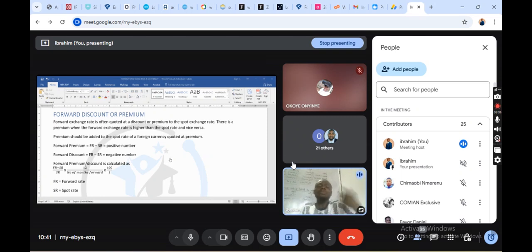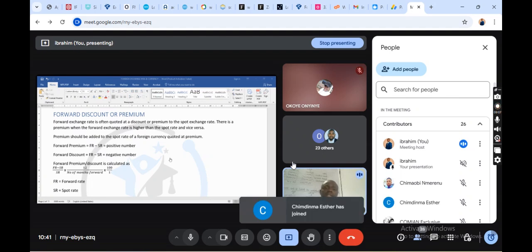I have to explain this because we will do something under international investments. We may not need this part, but I need to explain the meaning of all this. So that is premium, right? Then when it is at a discount, when you calculate the forward exchange rate, you will see that the forward rate will be lower than the spot rate.